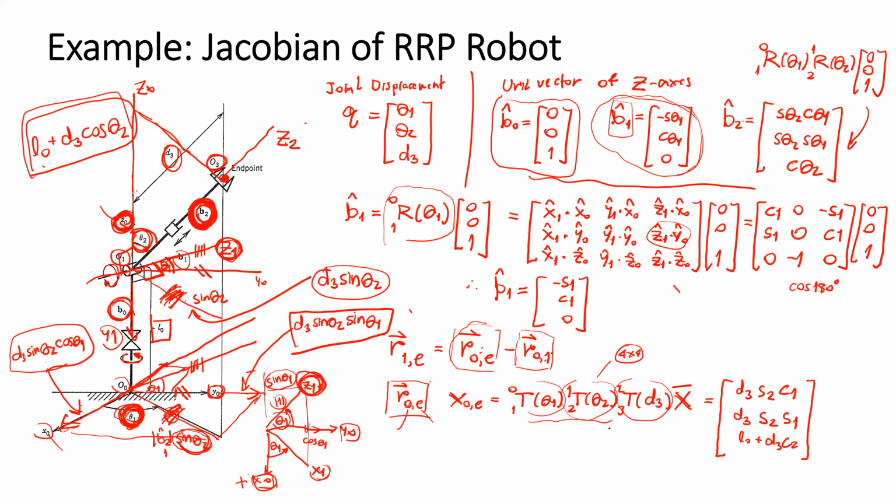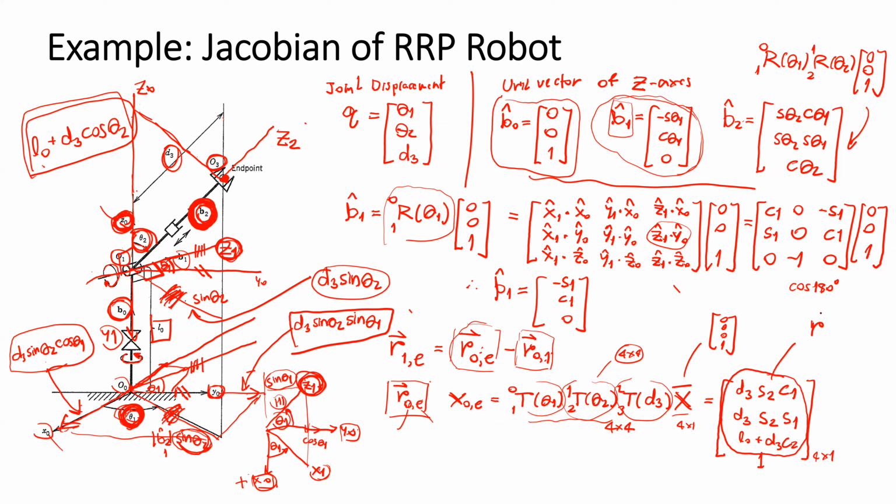But here X is 4 by 1, and this one is equal to 0, 0, 0, 1. So this one still needs to be 4 by 1 to make it correct. But just the relative position vector is just these first three components.